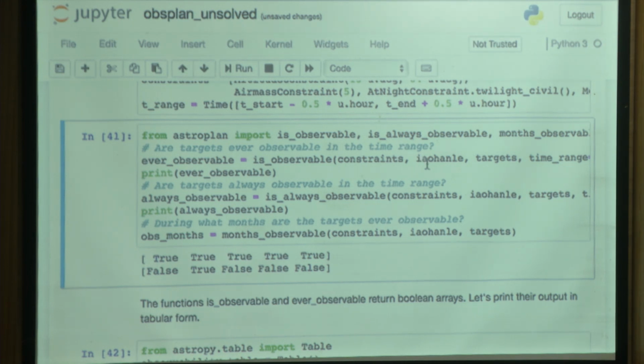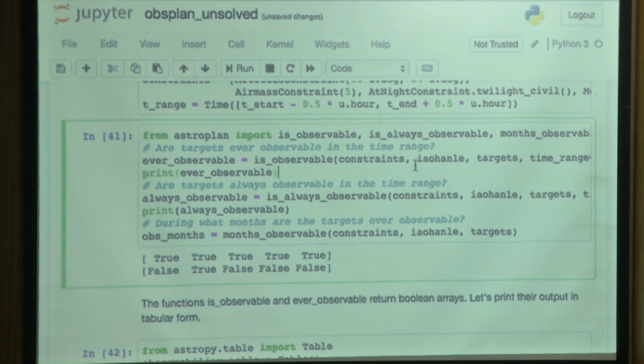Here we give the constraints, the targets, and the time range. Then there's the always observable function, which returns a Boolean value telling you if the object is always observable in the sky. For the pole star, for example, that's going to be true.